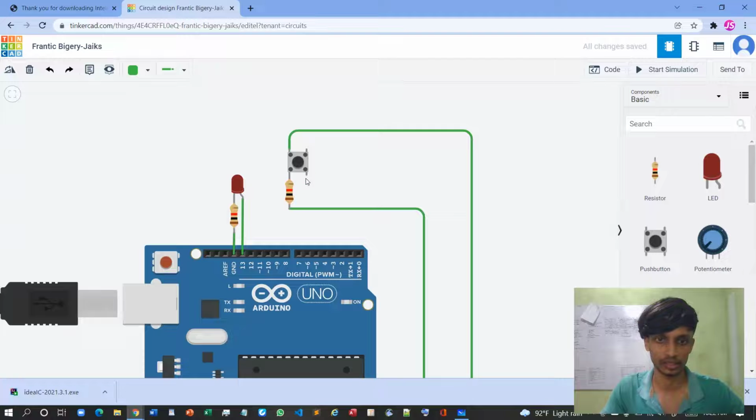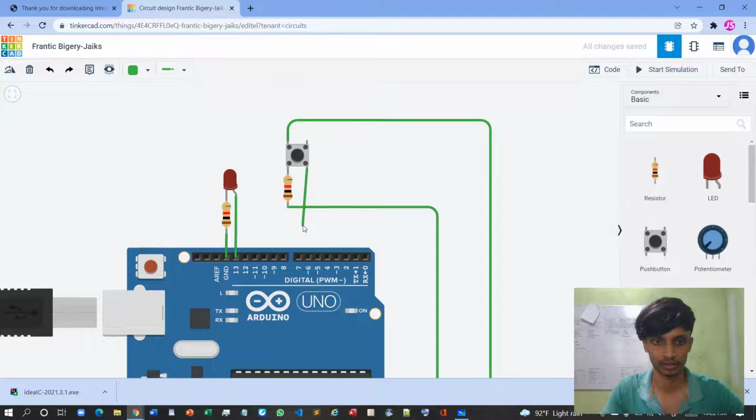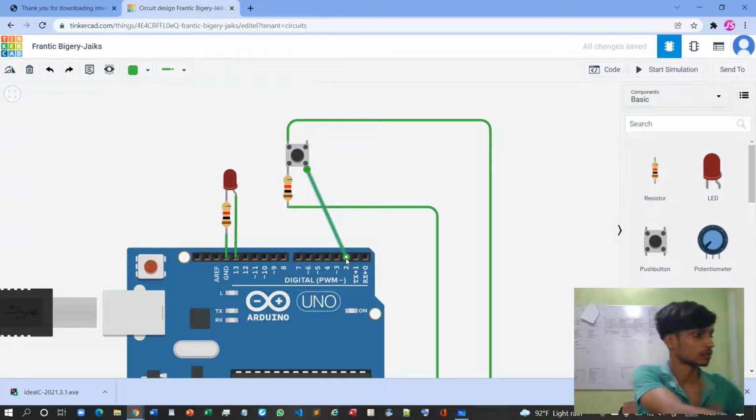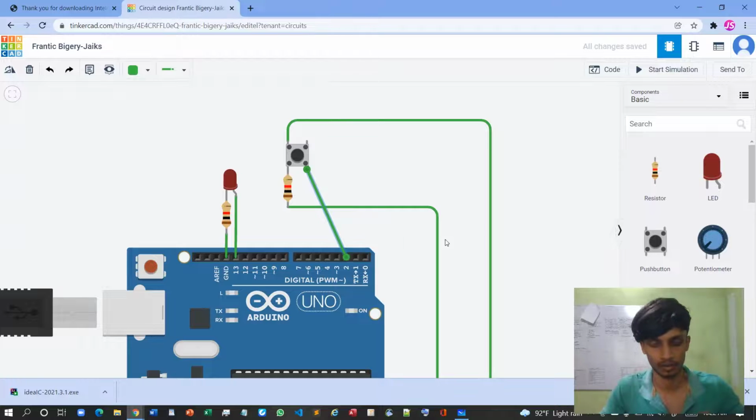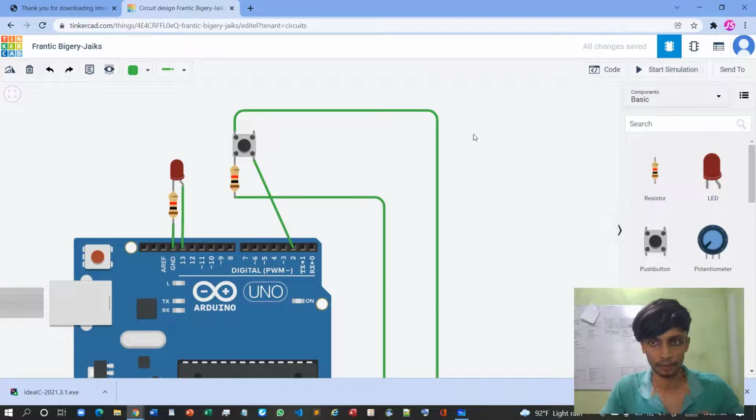Then basically this is the input signal, right? So we can connect this to maybe D2. Then, let's see whether this is working or not. Initially this is open.